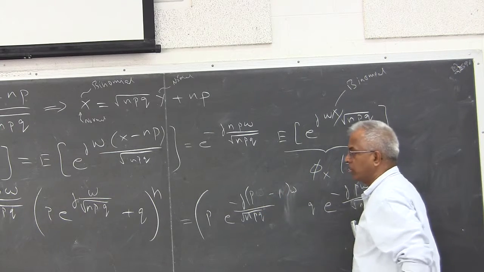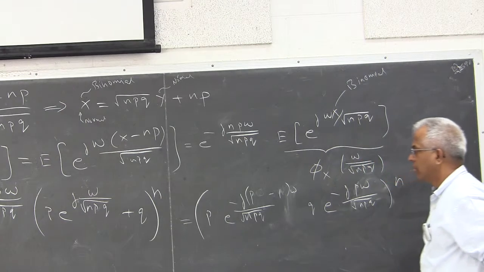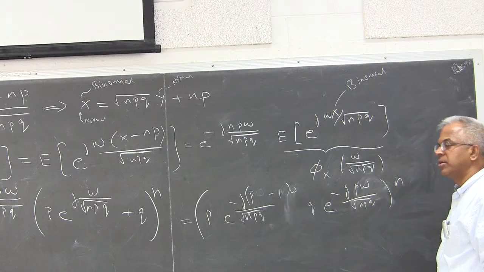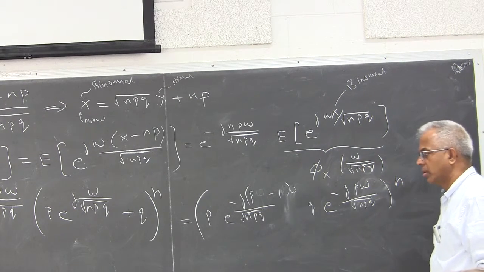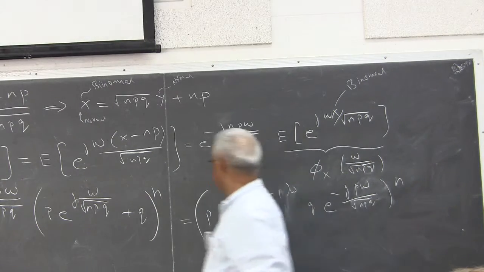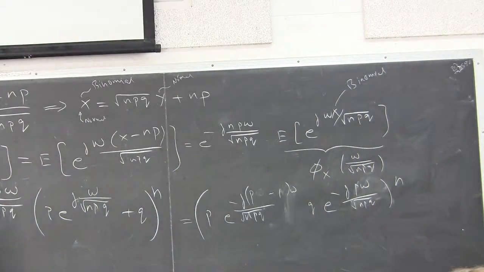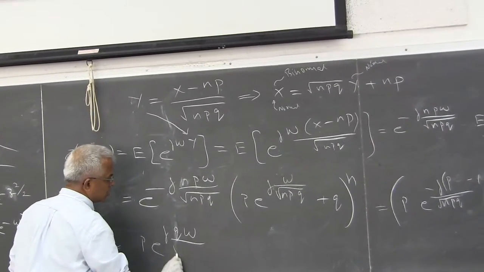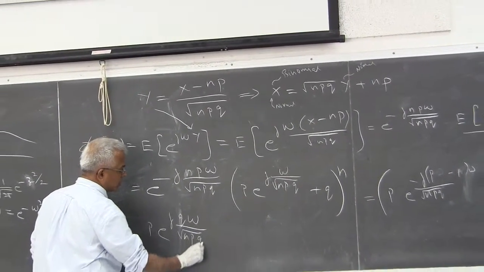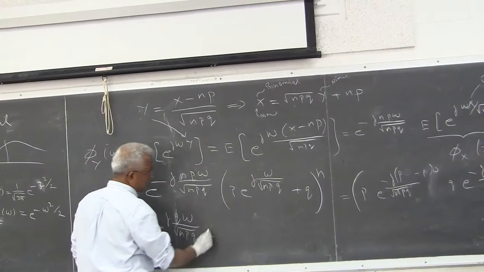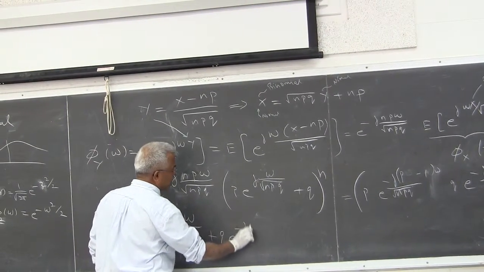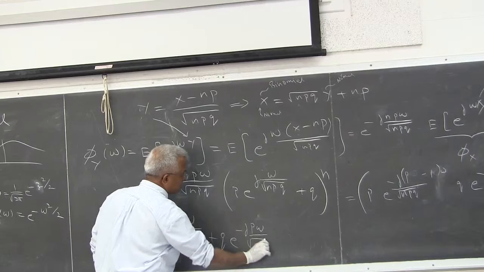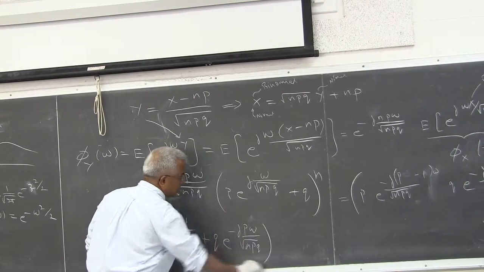1 minus p is q, right? So I can write it as minus q, right? So let me make one more substitution here. So that's p e to the power j q omega over square root of npq plus q e to the power minus j p omega over square root of npq, to the power n.